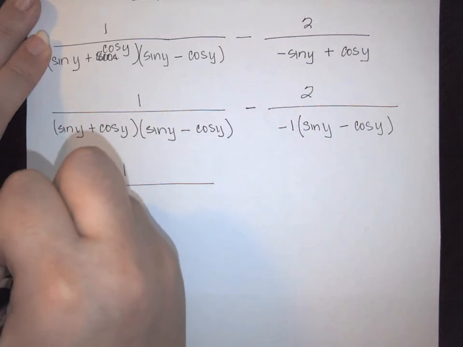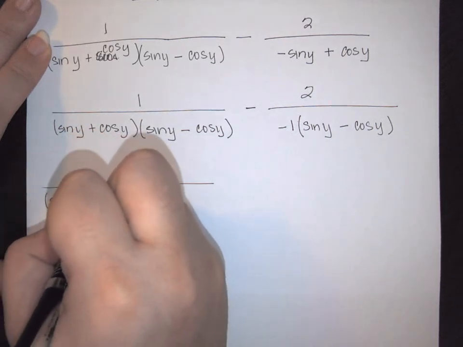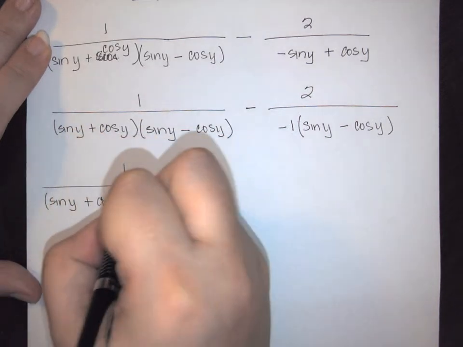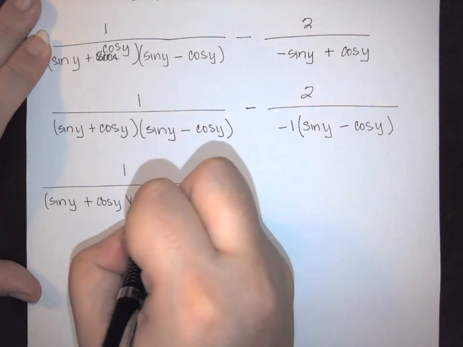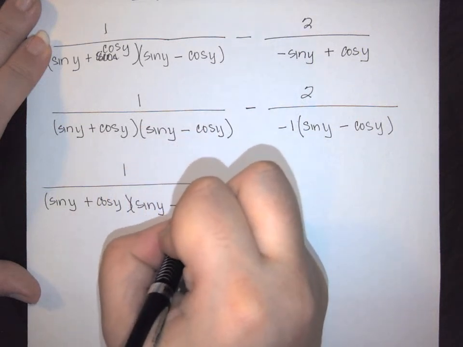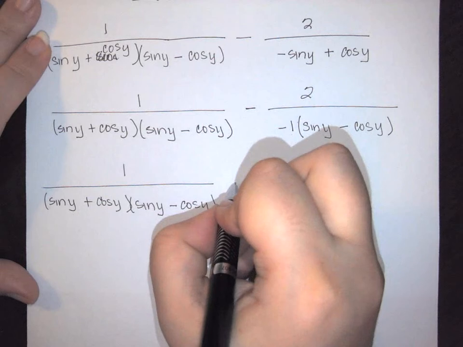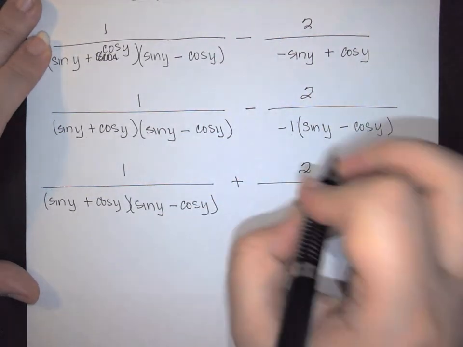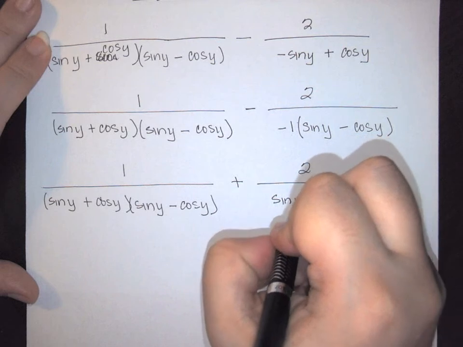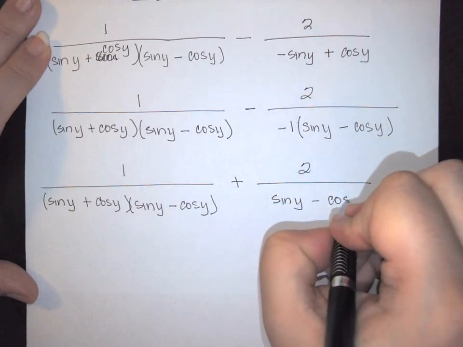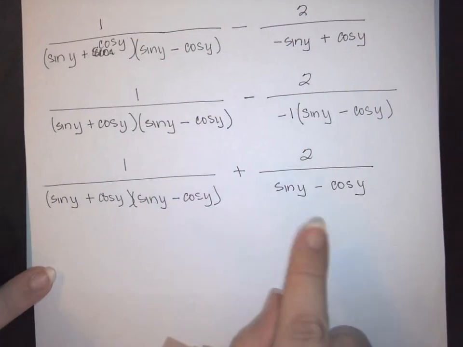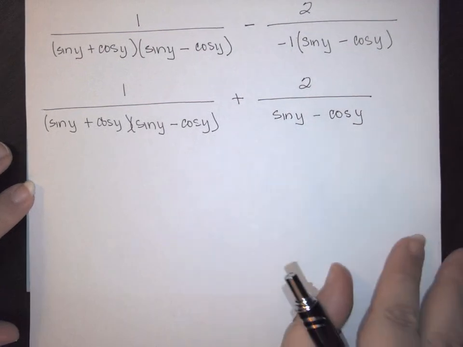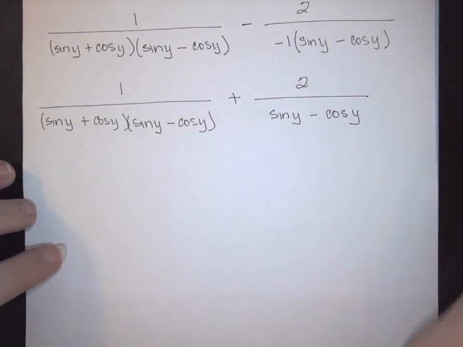So I've got the sine of y plus the cosine of y times your sine minus the cosine. I'm now changing my sign to addition, and this becomes 2 over the sine of y minus the cosine of y. So if you look at these two fractions, we have to identify that least common denominator.